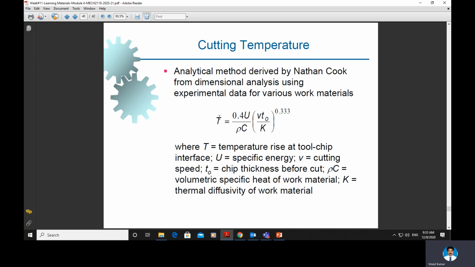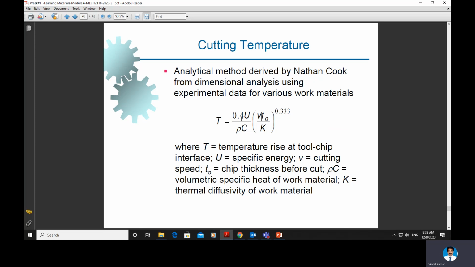How to calculate cutting temperature? The equation derived by Nathan Cook shows cutting temperature is 0.4 times specific energy divided by volumetric specific heat, rho C, times cutting speed V times t0 over K, raised to 0.33.